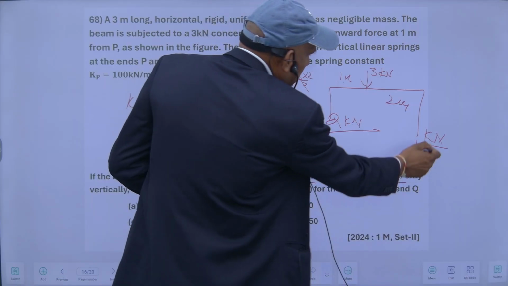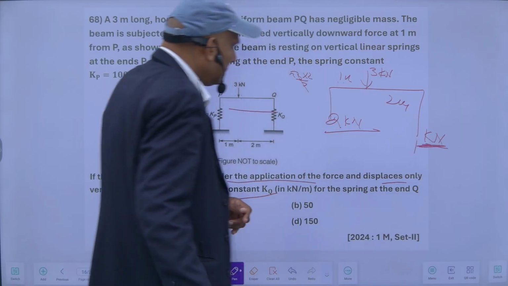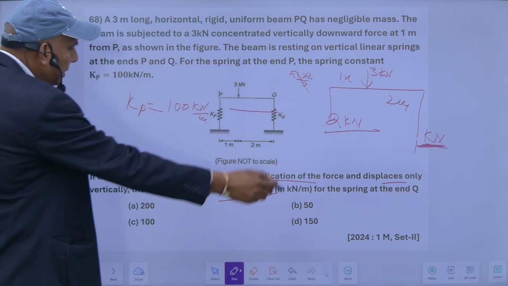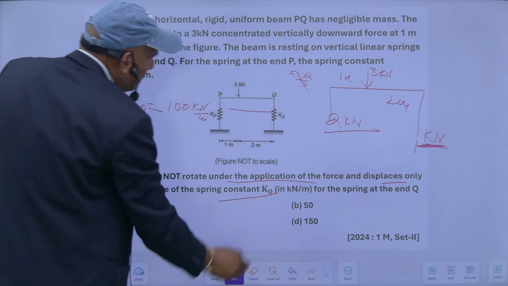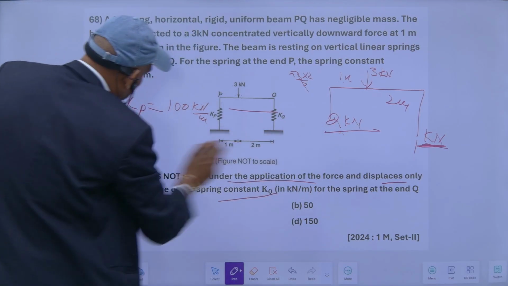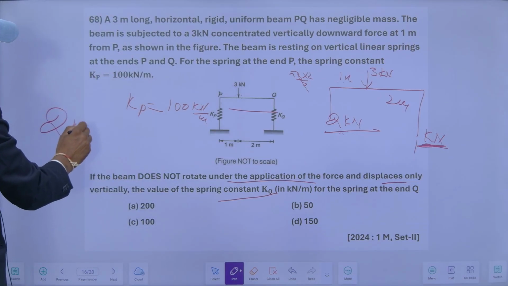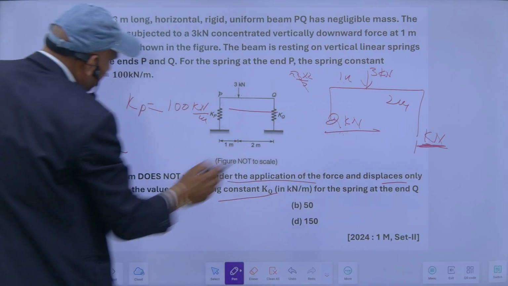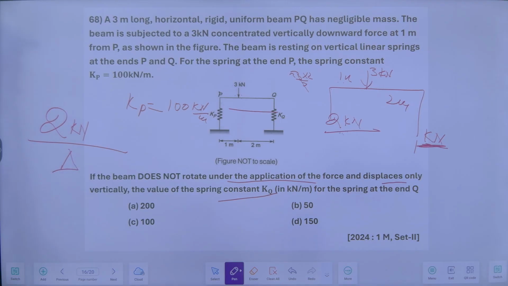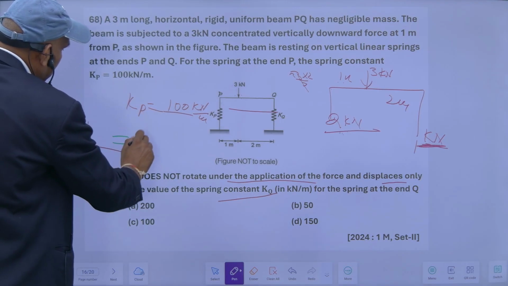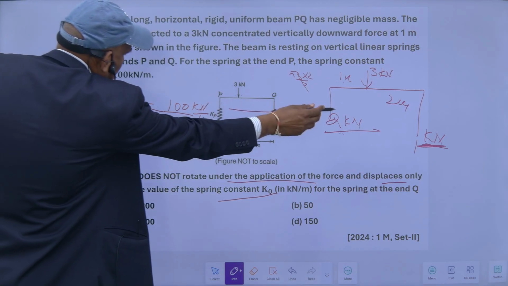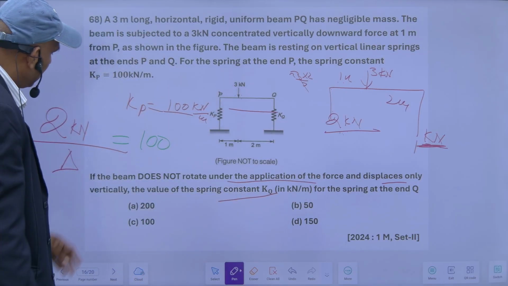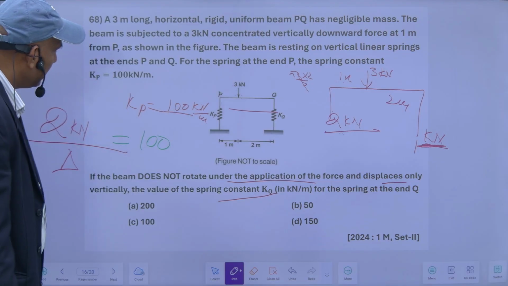So 2 kilonewton is my force here. This force divided by its displacement will give the spring constant 100. So force 2 kilonewton divided by its displacement or deflection, this is the spring constant, this is 100.